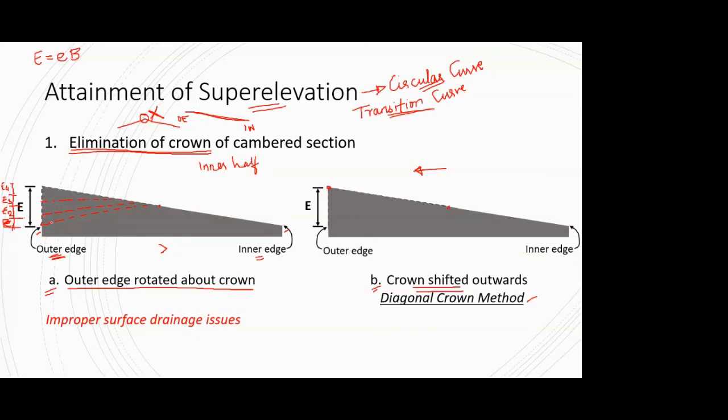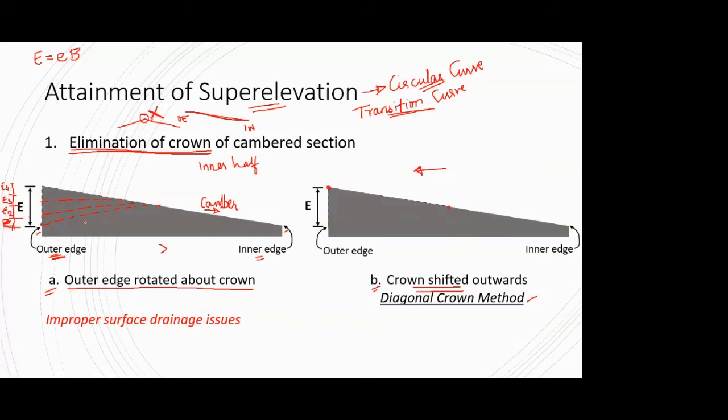So the moment I raise it a bit, I am making this camber a mild one. Initially there was some camber, as you can see on the right side, this is the camber that you had. Similarly, you had the camber on the left side of the pavement, but now that camber has become mild, as we have raised the outer edge, so the slope has reduced.